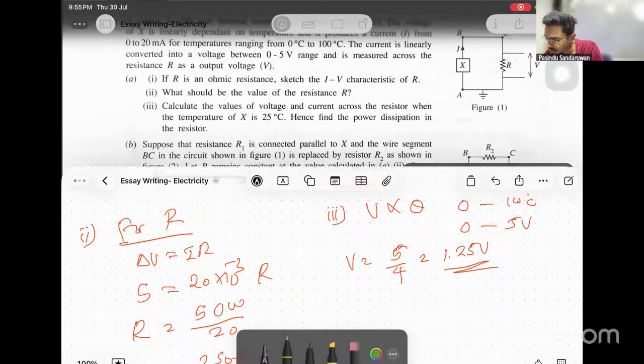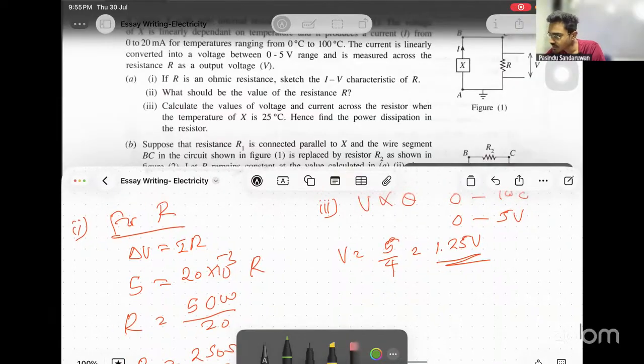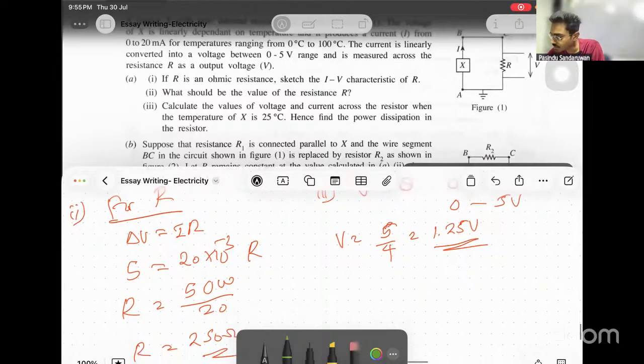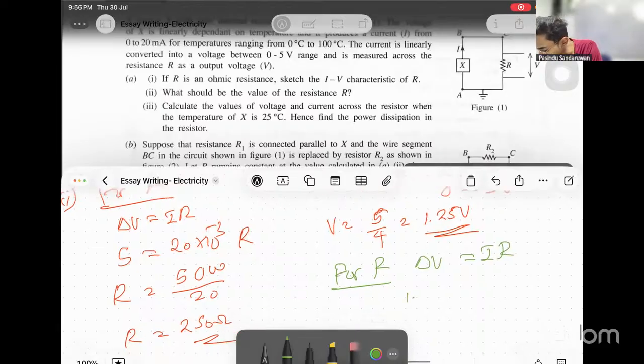Now voltage is 1.25 across R. Then to find the new current, again for R, delta V equals IR. Now delta V is 1.25, right? And I need the new current, say I dash, and R is unchanged, 250.